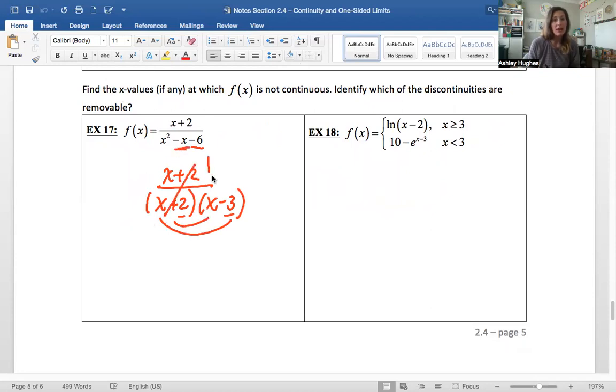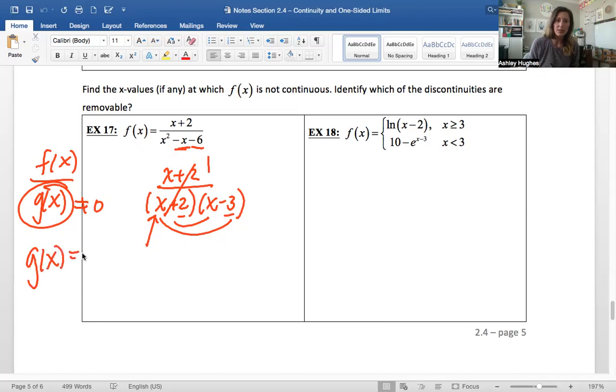This cancels out. Remember, when you have a fraction f of x over g of x, you just want to make sure that the bottom is never 0. Whenever g of x is 0, that's where it's not continuous. So we have two discontinuities, one at x equals negative 2 and one at x equals 3, because those make the bottom equal to 0.